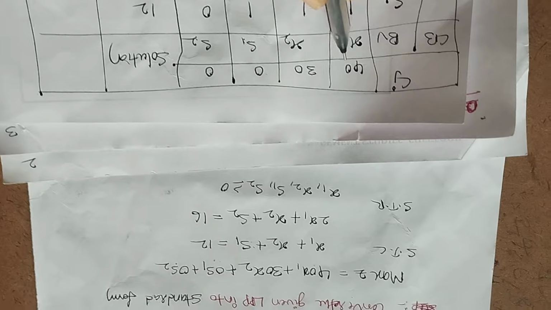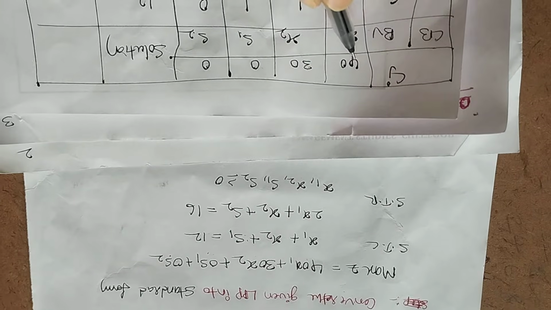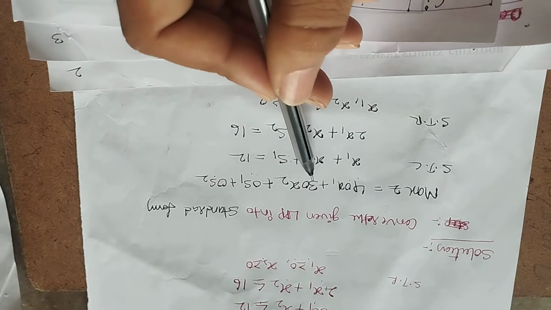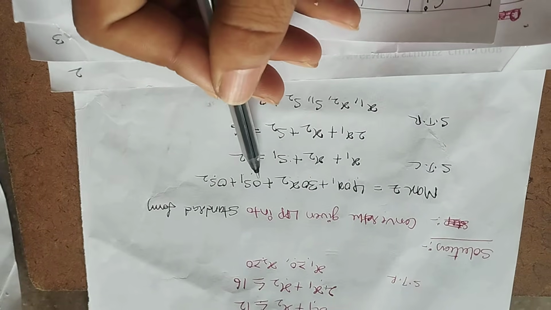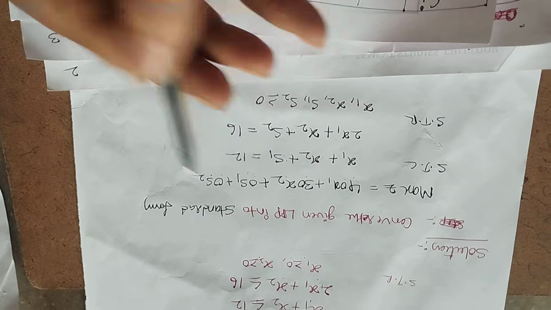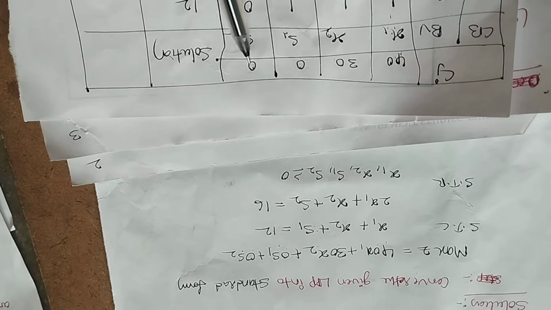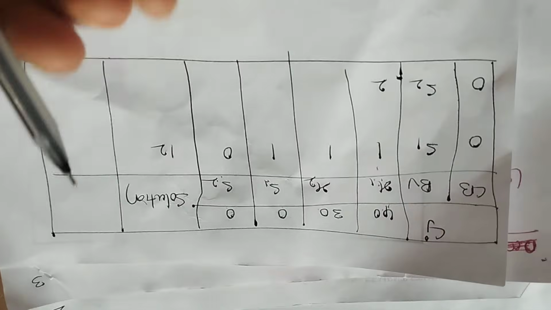Now for the objective function, the corresponding cost of each variable: x1 variable cost is 40, x2 variable cost is 30, s1 variable cost is 0, s2 variable cost is 0. So 40x1, 30x2, 0s1, 0s2, right?